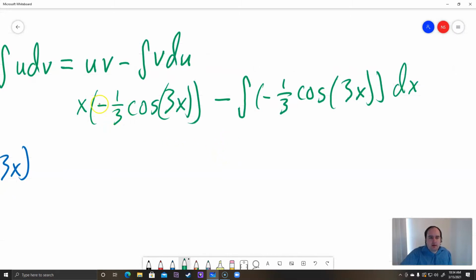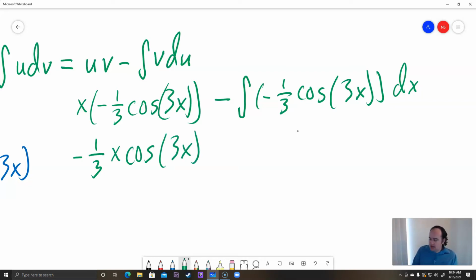All right, but here we can rewrite this first term as negative 1/3 x times cosine of 3x. And then for the second term, if we factor out the negative 1/3, bring that out front, the minuses are going to cancel out.